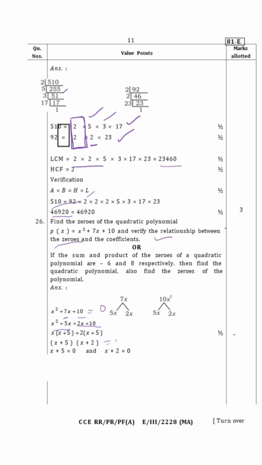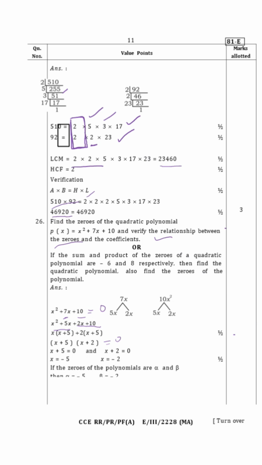So x plus 5 is equal to 0 and x plus 2 is equal to 0. So x is equal to negative of 5 and x is equal to negative of 2. So the zeros are negative of 5 and negative of 2. So alpha is equal to negative of 5, beta is equal to negative of 2.